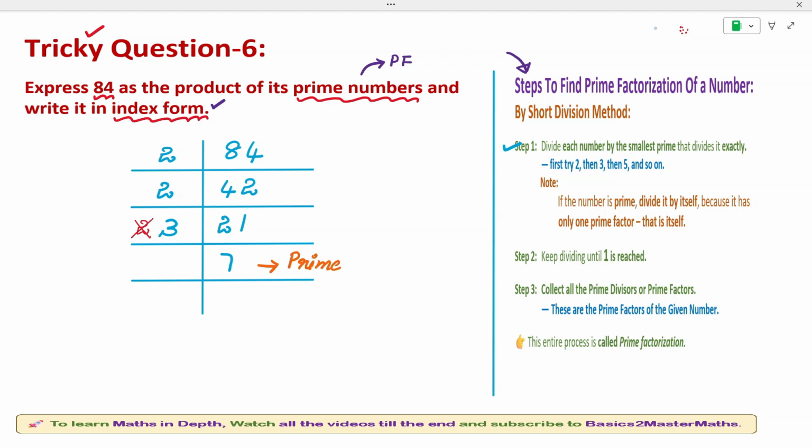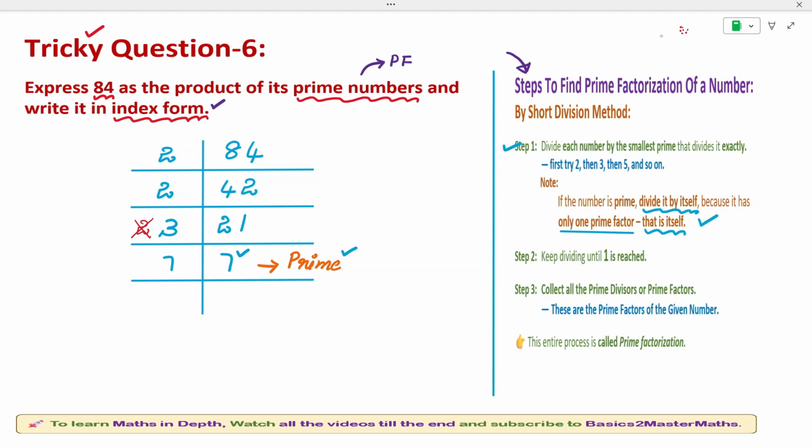Observe here, 7 is a prime number. So, divide it by itself because it has only one prime factor, that is itself. Got it?